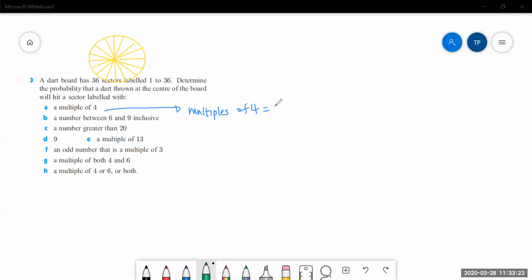Okay, so multiples of 4. We know that it'll be 4, 8, 12, 16, 20, 24, 28, 32, and then 36. Correct.